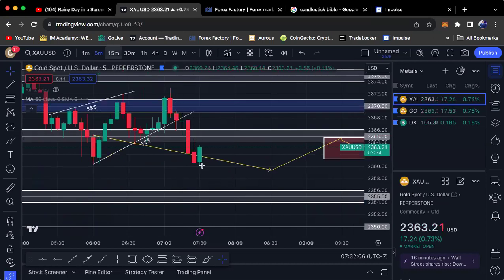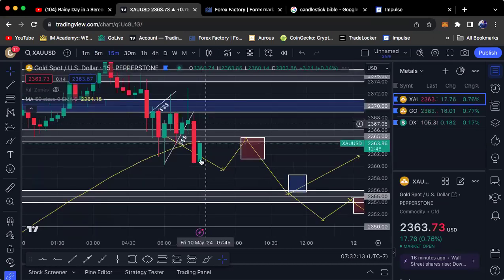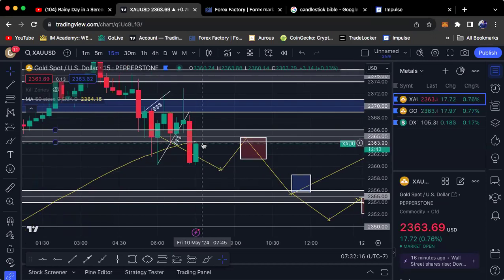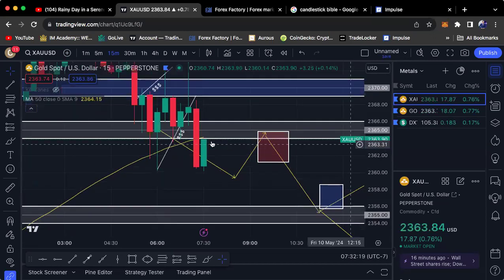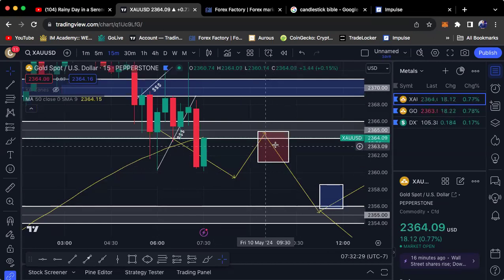Because right now it's retesting. You see how it broke below, it's coming back to retest. But I'm not taking a trade now. I'm not taking a sell now because I'm waiting for my confirmation candle to form. I'm waiting for my bearish confirmation candle to form at the 15-minute.